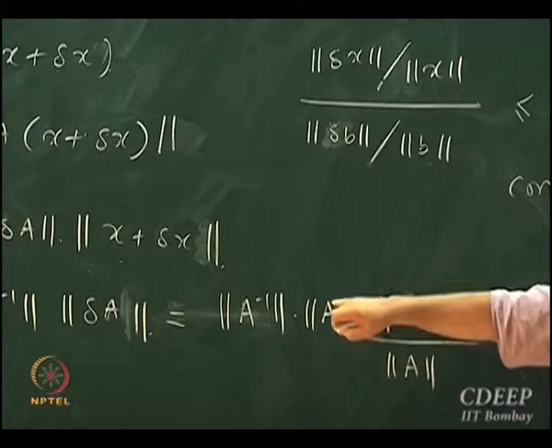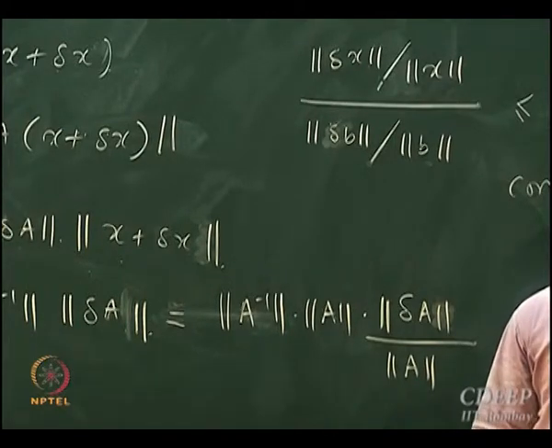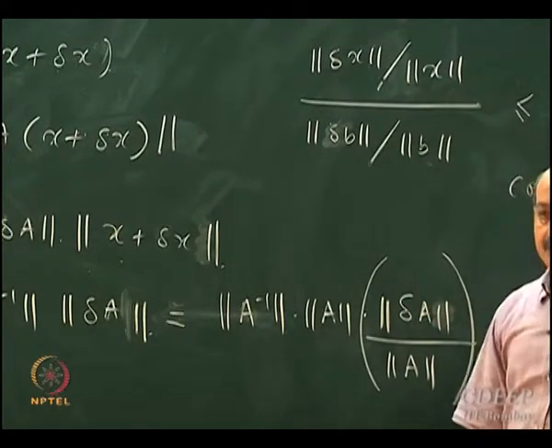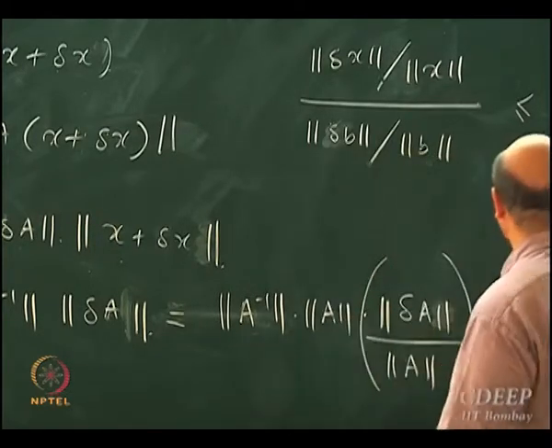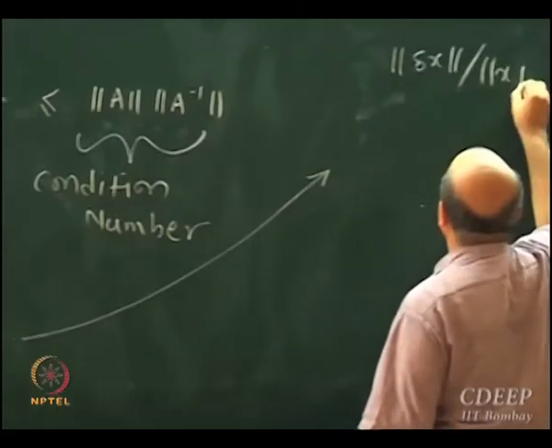I am multiplying and dividing by norm A. Okay, and then I am going to single out this quantity. And then I am going to rearrange this inequality as follows: norm of delta x divided by norm of x plus delta x.